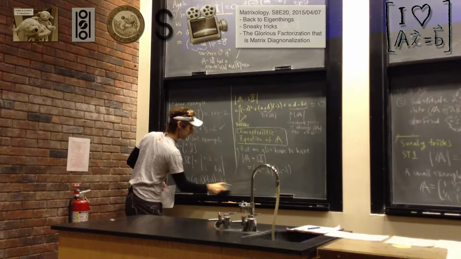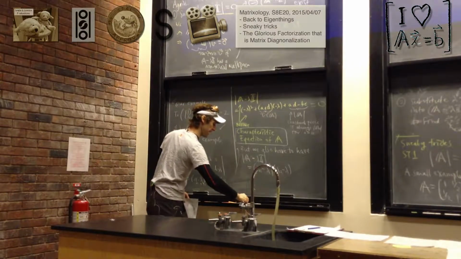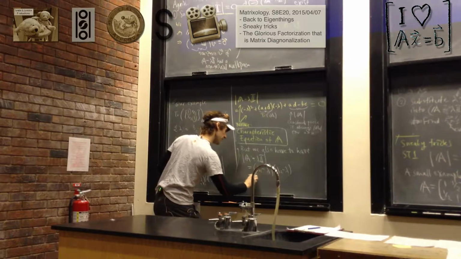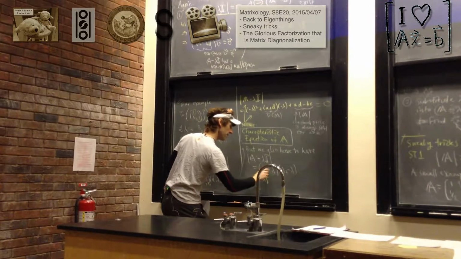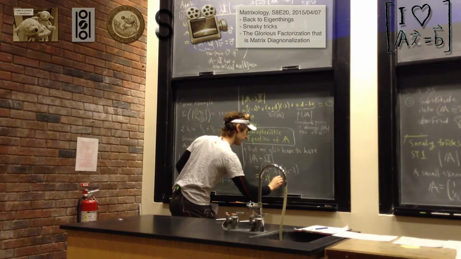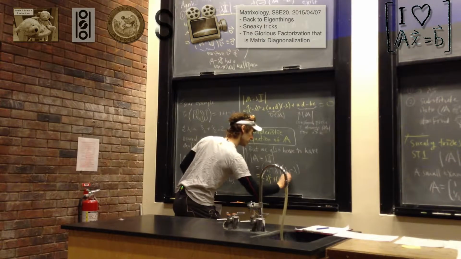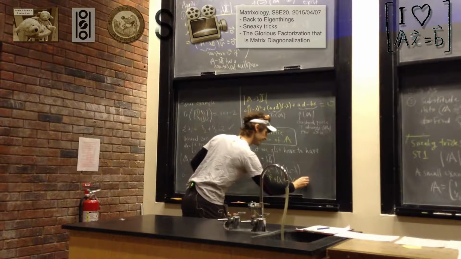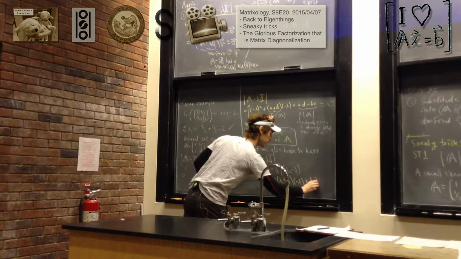I'm just going to erase that because it's not there anymore. And if we expanded this, then we get minus lambda squared, plus lambda 1 plus lambda 2 times minus lambda, and then plus lambda 1 lambda 2.